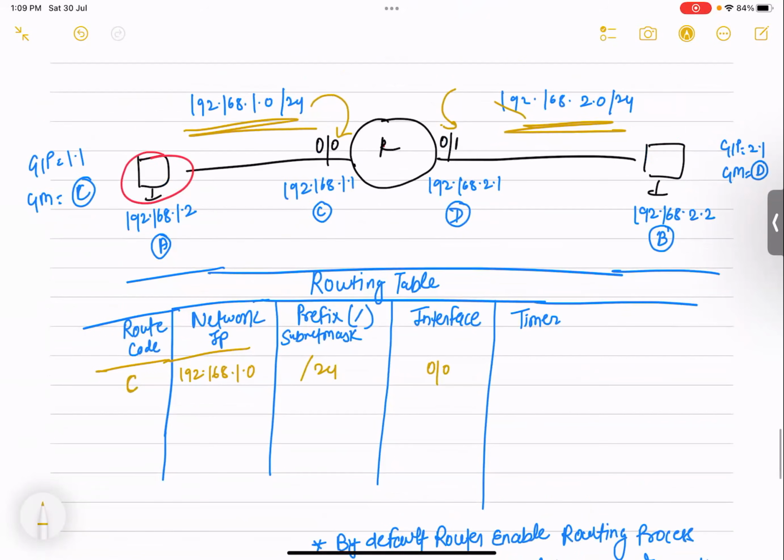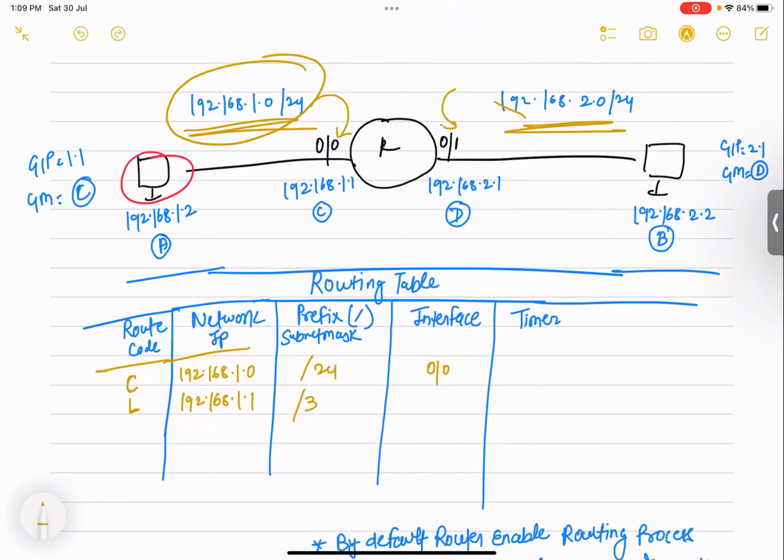Okay. Right now, the router's new IOS also installs one more piece of information. From this network, the router has an interface with an IP assigned. So the router says I have one more entry for the same interface with IP 192.168.1.1 and subnet mask /32, because this is a single IP from this network.